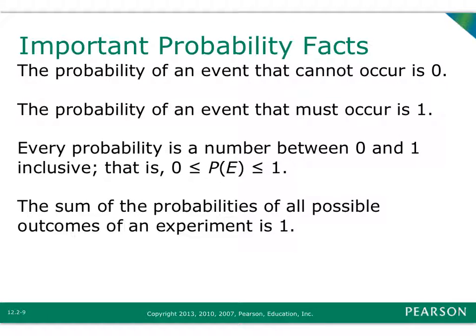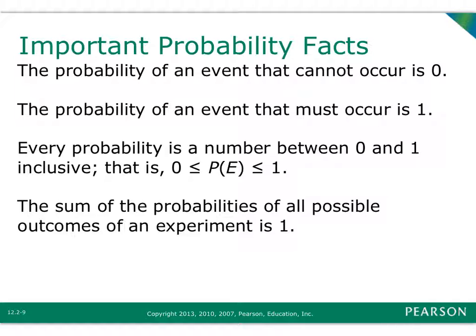Here are some important facts about probability. The probability of an event that cannot occur is 0. The probability of an event that must occur is 1. Every probability is a number between 0 and 1, inclusive.